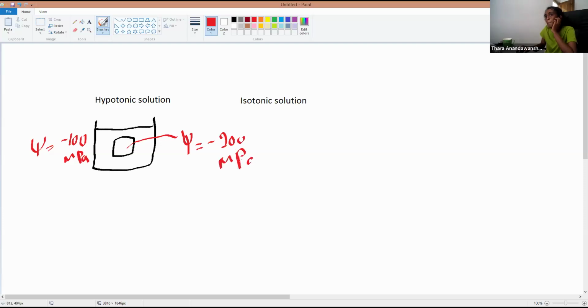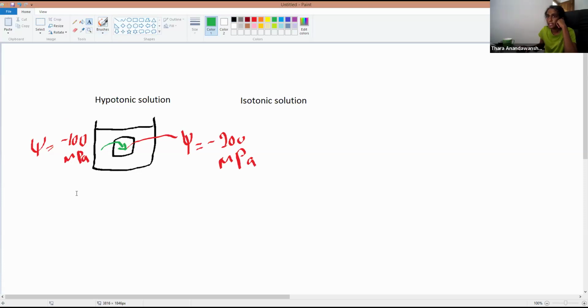So where is the water potential higher, the solution or the cell? The solution. So water will move from the solution to the cell. We call that a hypotonic solution.